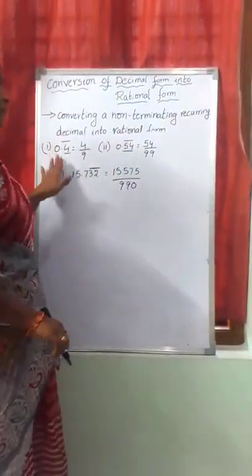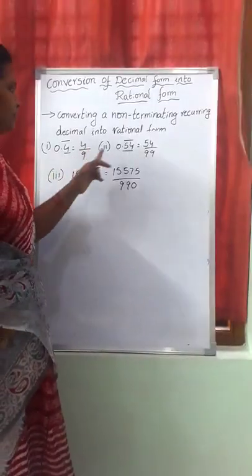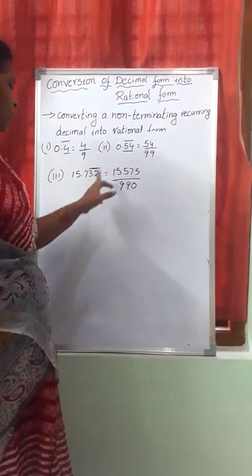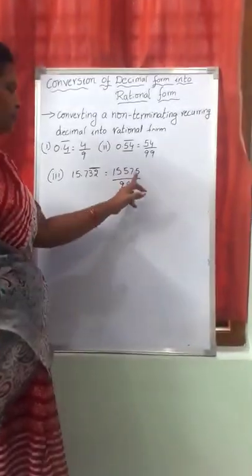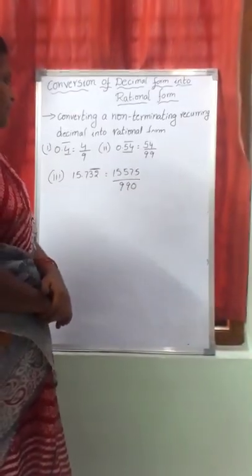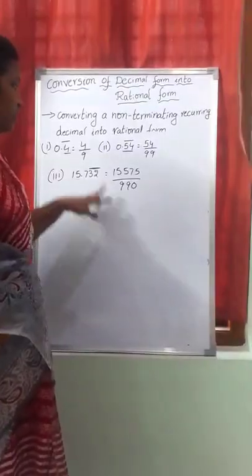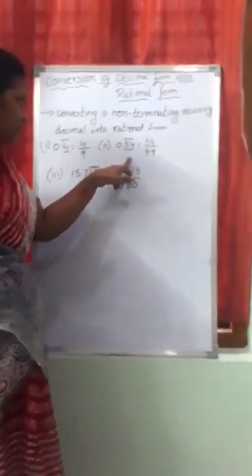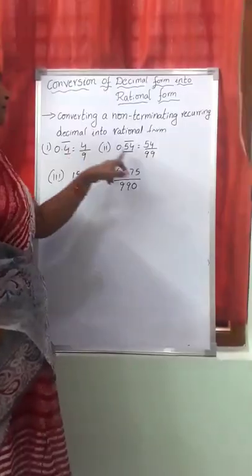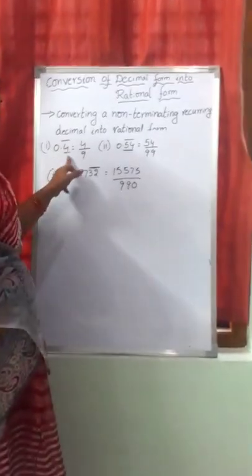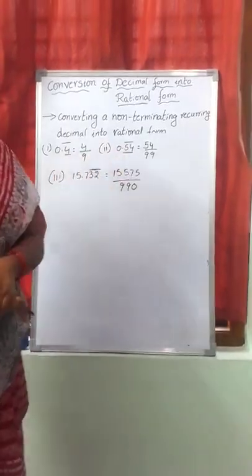Okay, see this one: 0.4 bar is equal to 4 by 9, we got the value, and 0.54 bar is equal to 54 by 99, and 15.732 bar, 32 bar we are having, its value is 15,575 by 990. If you observe these decimals, every digit after the decimal point is repeating.